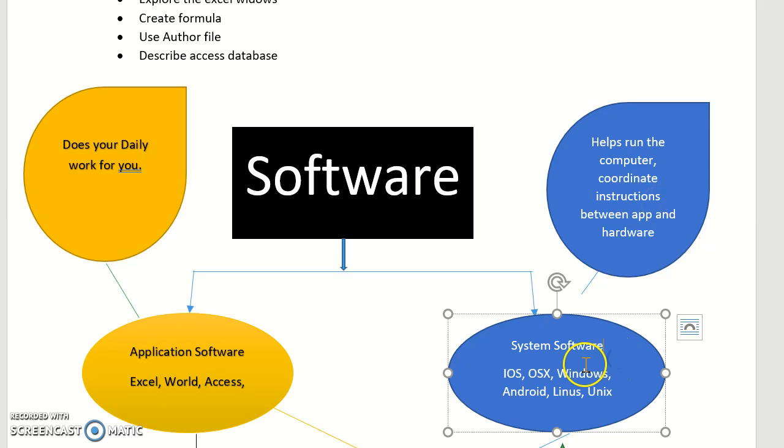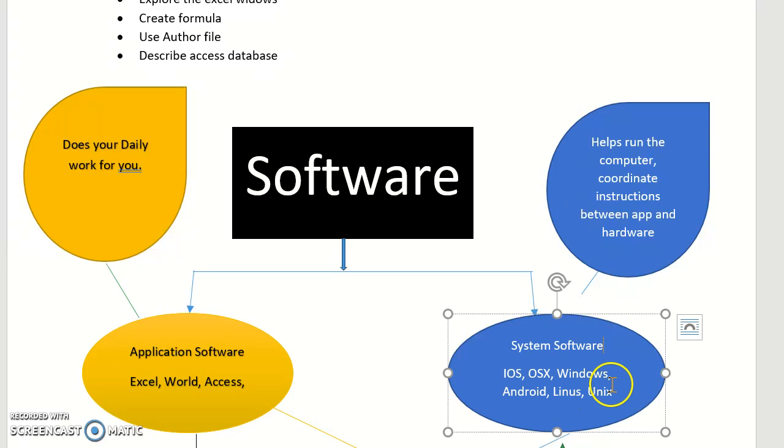So here I'm looking at the examples, the types. We're going to look at Mac iOS, which is more for mobile, your iPhone and iPad, and then OS X, which goes with your Mac desktop. Then there's Windows, which is popular. You all use Windows computers. Android goes more with mobile phones.